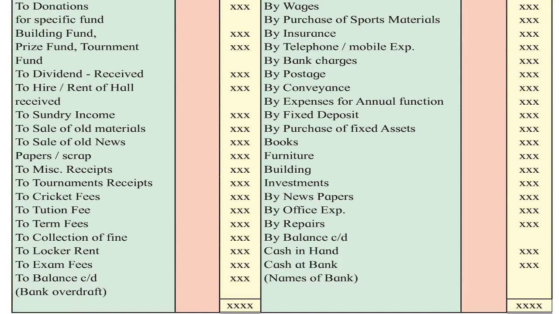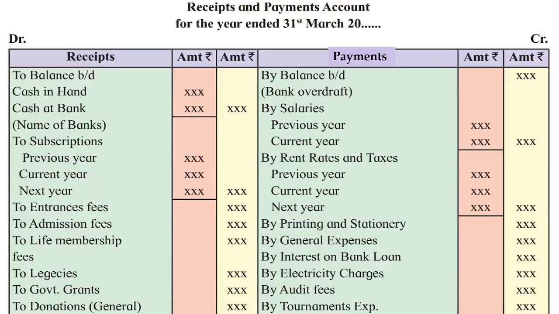And finally, the closing balance of cash and bank is given. Then transfer this closing balance to the asset side. This way, we have made a review of the receipt and payment account. Always keep in mind, on the receipt side there are two kinds of receipts: capital receipts and revenue receipts.